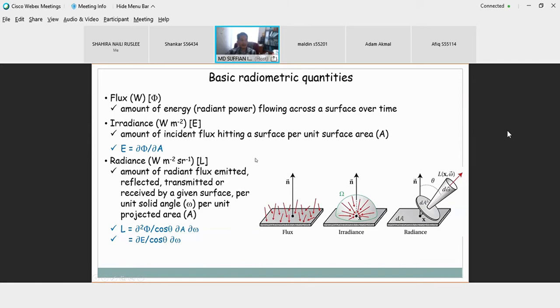Saya lukis ni. So for a 2D angle, ada contoh. So this one is a point lah, katakan point X. Point X, so you ada angle di sini.